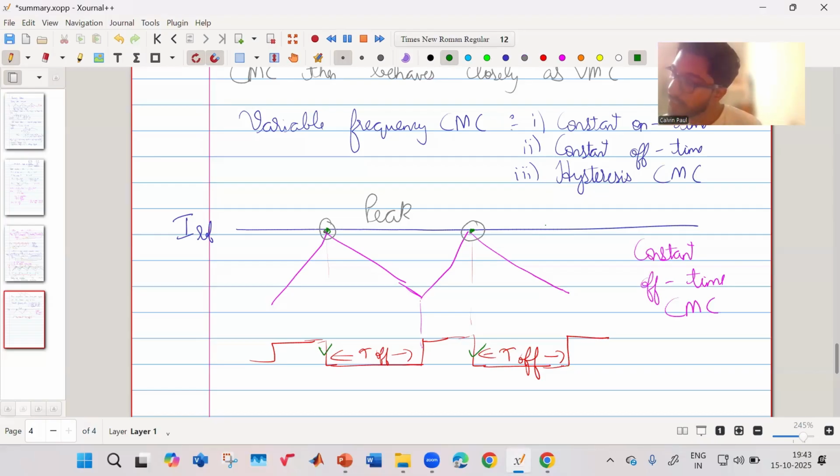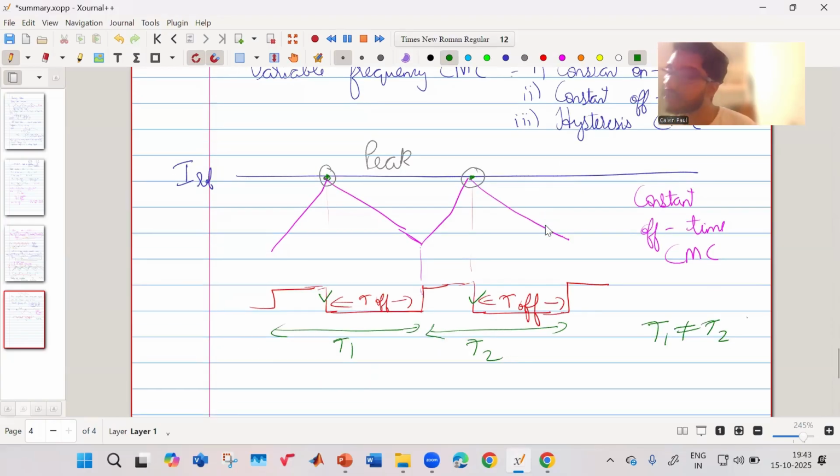So this constant off time current mode control is analogous to peak current mode control. It is almost similar. They have lots of resemblance. But what happens is this time, this T1 and this T2, your T1 would not be equal to T2. So that's why it is known as variable frequency current mode control.